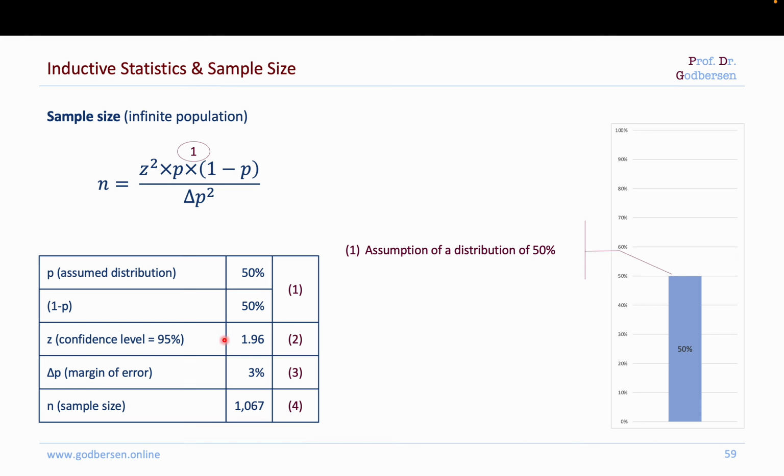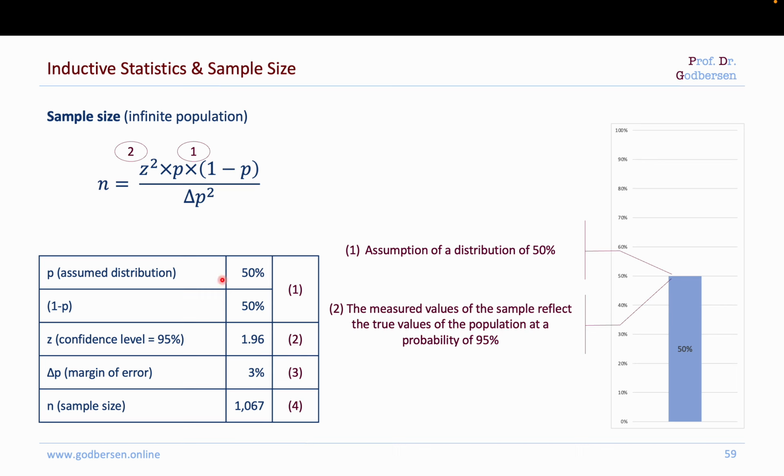Then we put in the confidence level. If we put 1.96 in our equation, we can say our measured values reflect the true values of the population with a probability of 95%.